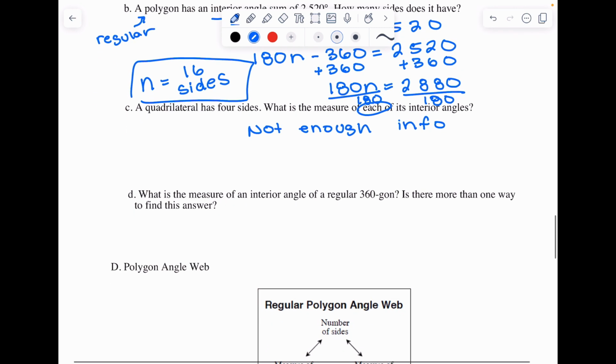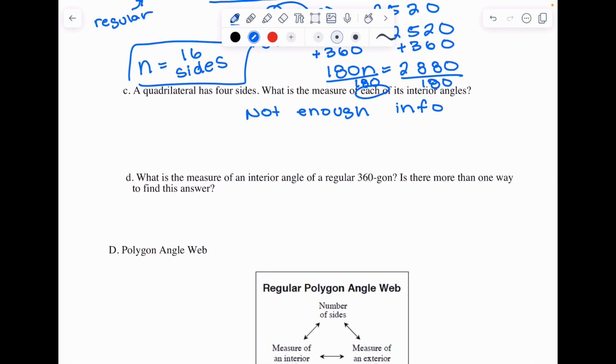And then lastly, we have D. What is the measure of an interior angle of a 360-gon? Whenever we have a polygon with more than 12 sides, they just put the number of sides dash gon to represent how many sides the polygon has. So this polygon has 360 sides.